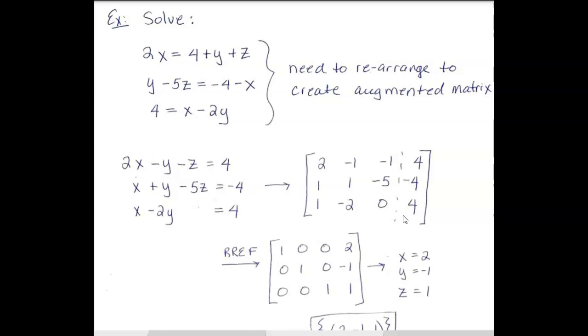So once you get that matrix inserted into the calculator, it's second mode to quit, take you back to the home screen. Then back to second, and then that matrix menu again, over to math, down to RREF, enter.